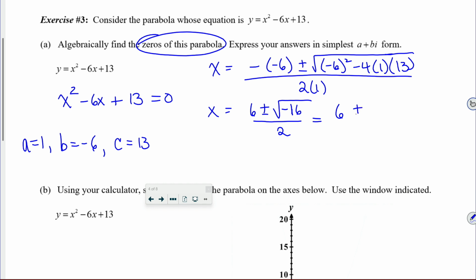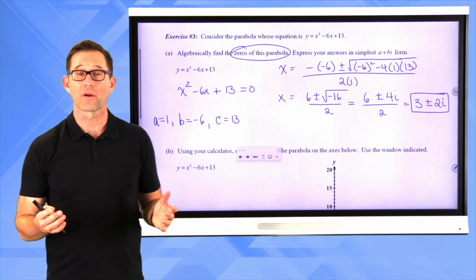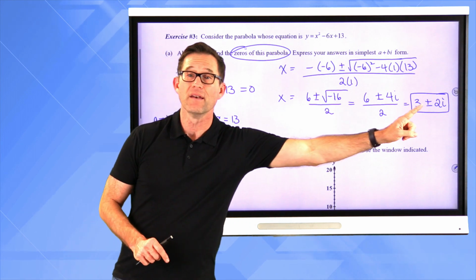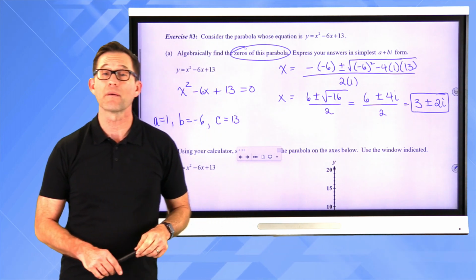That's 6 plus or minus 4i divided by 2. And that's 3 plus or minus 2i. All right, so the zeros of this parabola are complex numbers that have a non-zero imaginary component.